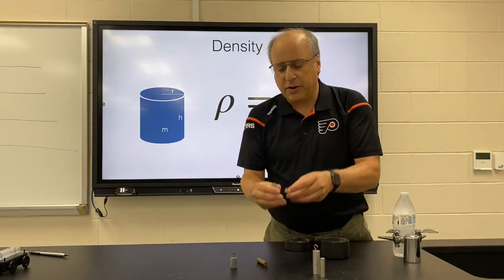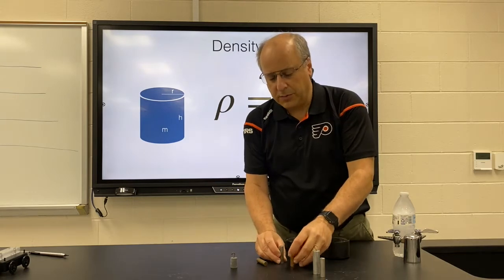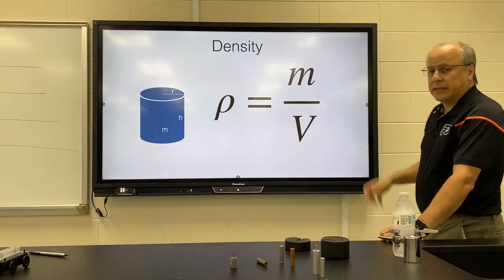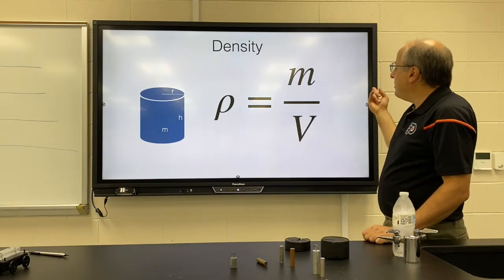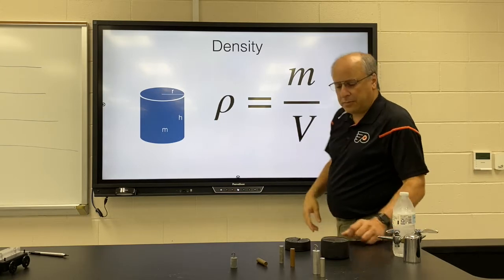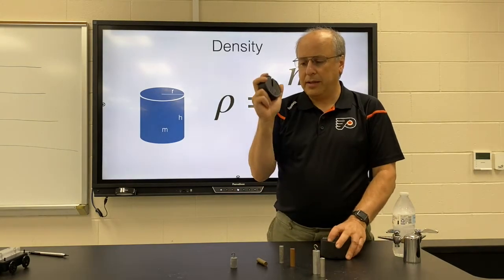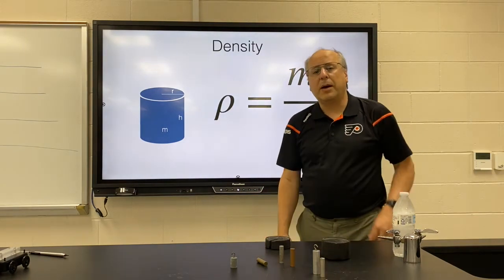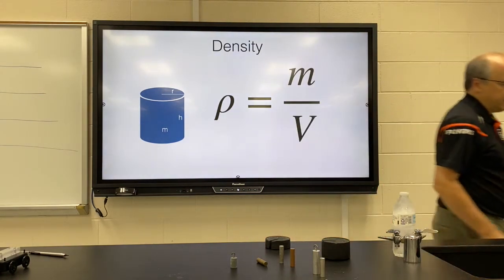So every material, whether it's copper, aluminum, iron, lead, whatever, has a unique density. The way you measure density in terms of units, mass over volume, the standard should be kilograms per cubic meter. I want to remind you what a cubic meter looks like.